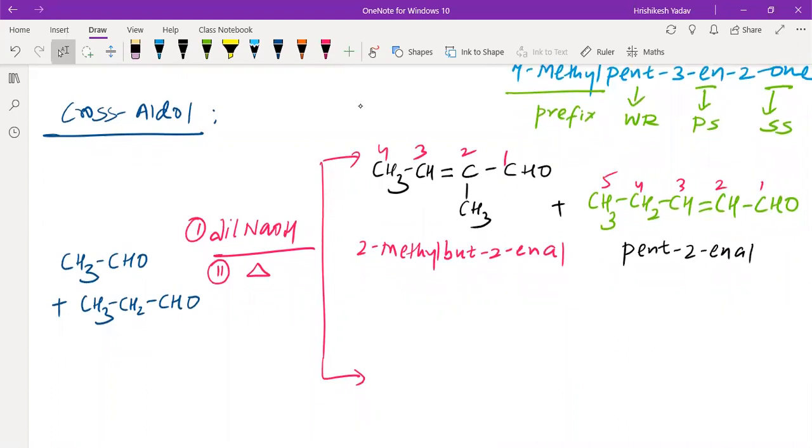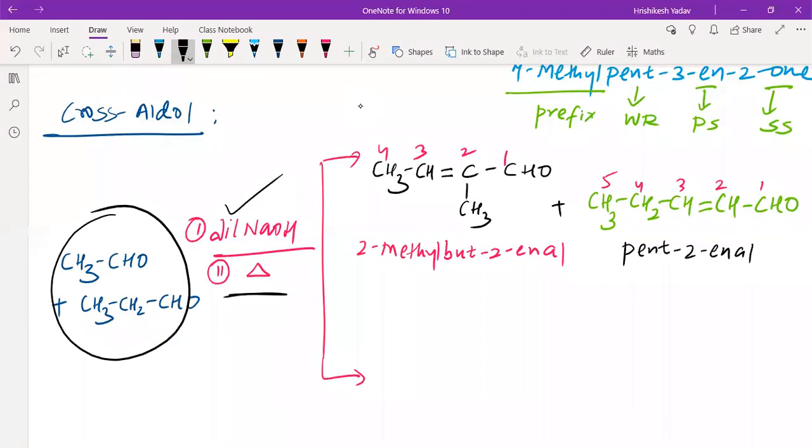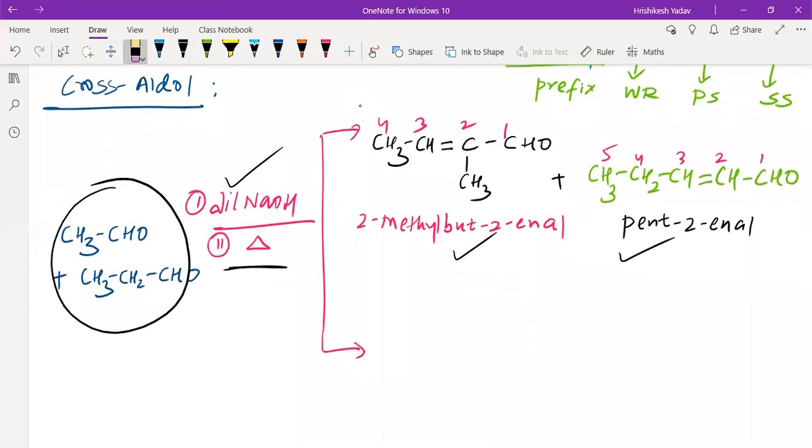Actually, what happens is when two different aldehydes are treated with dilute NaOH, and when they are further heated, we get 4 products. Out of 4, 2 you saw here, 2 more I'm going to write now. So 2 more are, this all happened with cross.